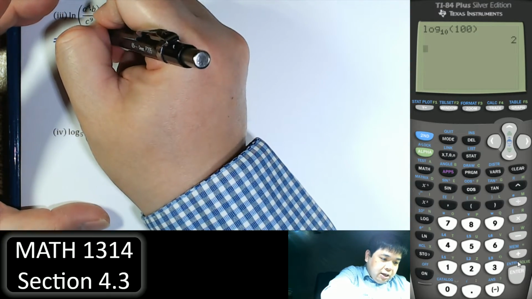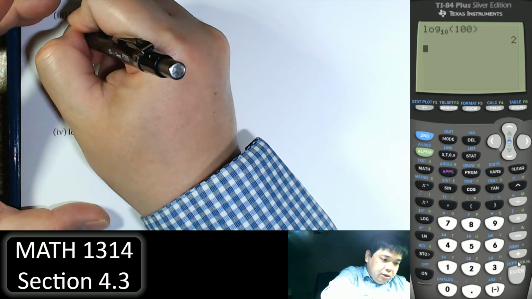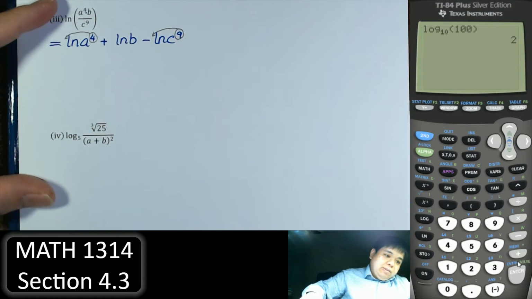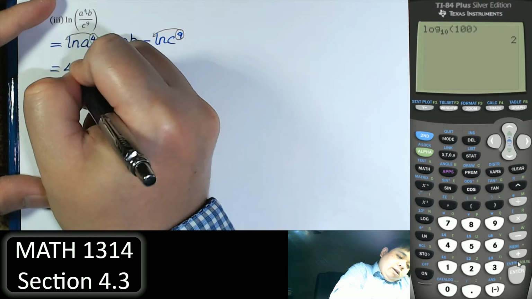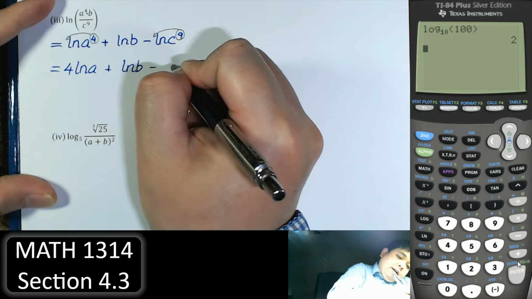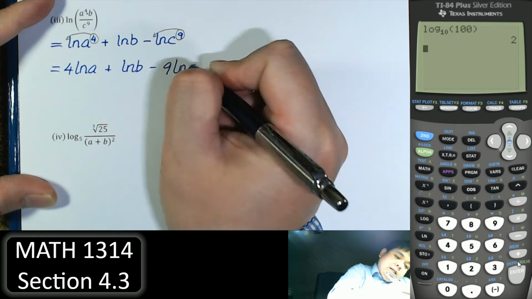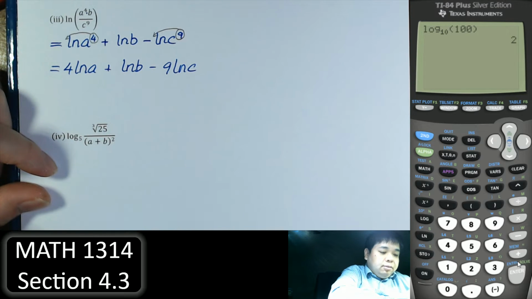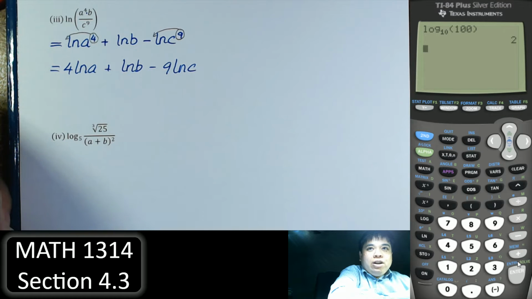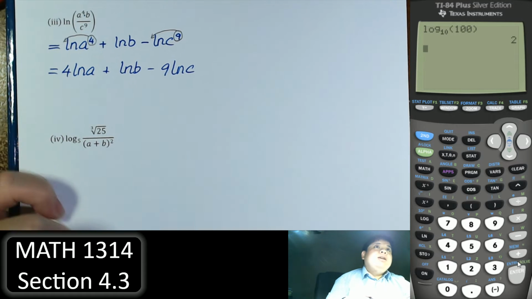Right, and then the 9 coefficient comes out, for ln of a plus ln of b minus 9 ln of c. Right. Once again, on the top, carry a positive coefficient. At the bottom, negative coefficient.